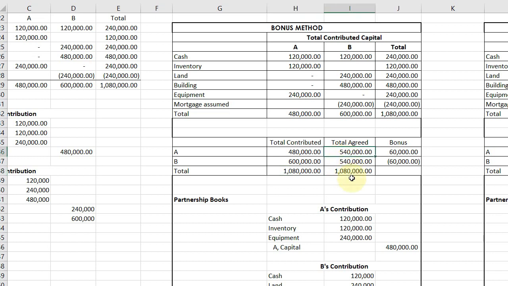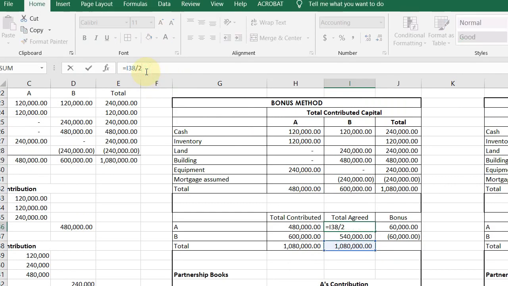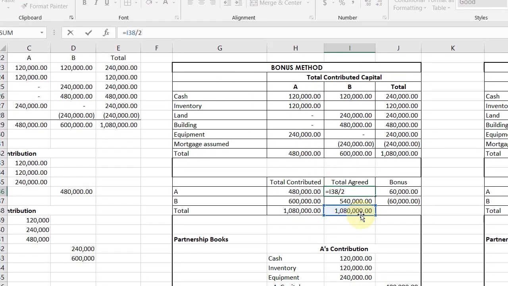It depends on the problem given; you just have to follow it. Since we are provided the total, you have a total of 1,080,000. That's the total partnership capital interest. Now, just divide it by 2, because there are two partners and it is equal. So 1,080 divided by 2 is 540,000. You can see in my formula that I divided 1,080 by 2.